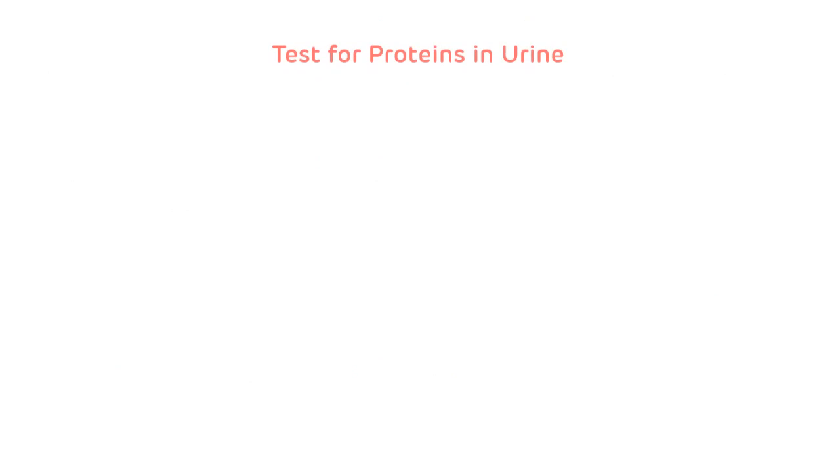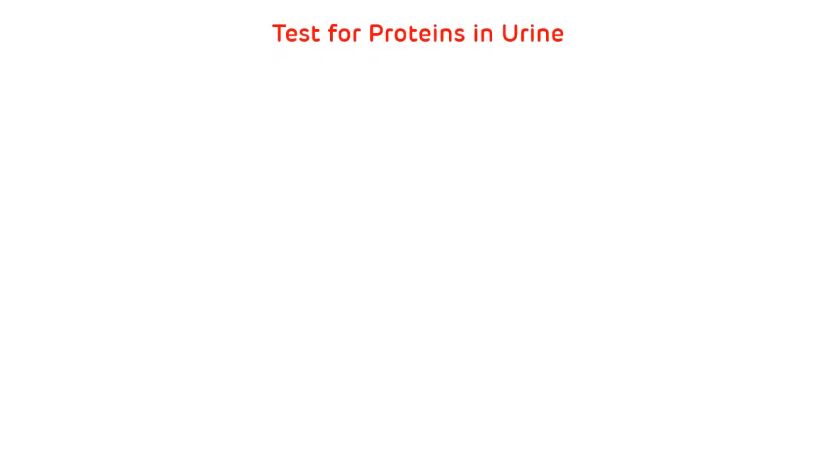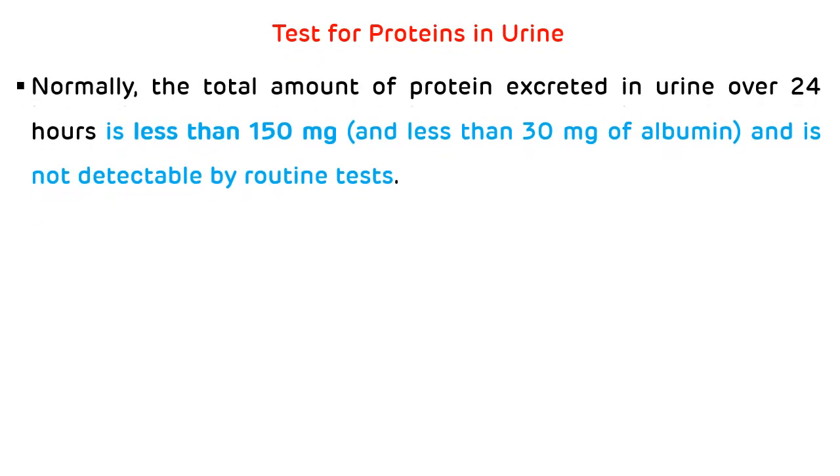Now, tests for proteins in urine. Normally, the total amount of protein excreted in urine over 24 hours is less than 150 milligram and is not detectable by routine tests.